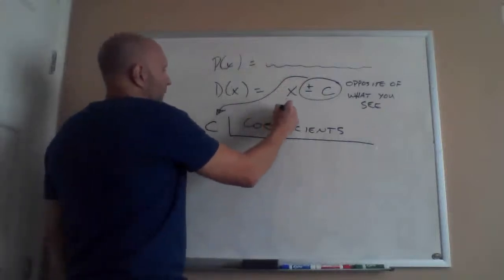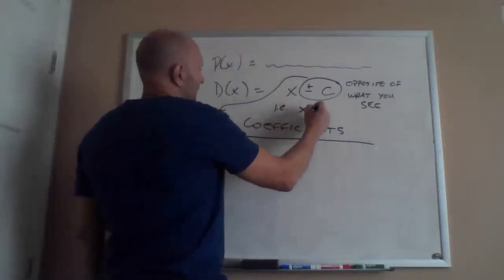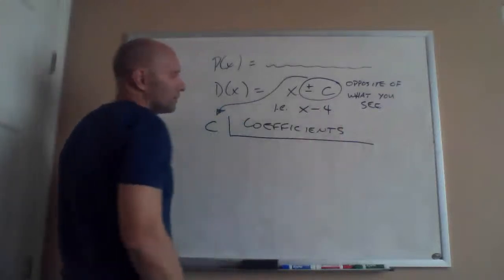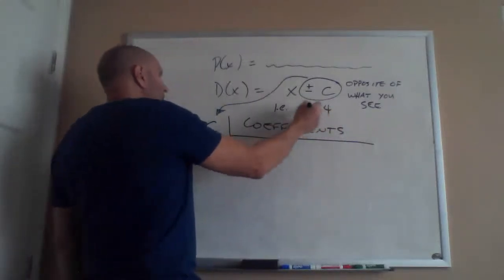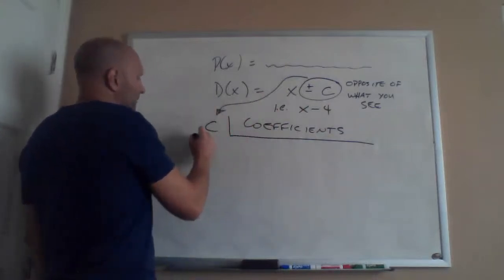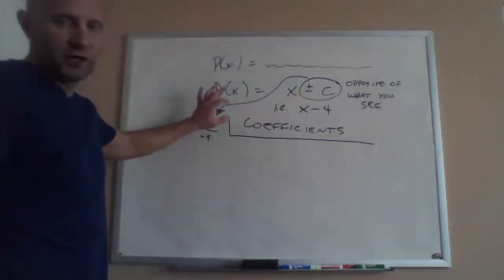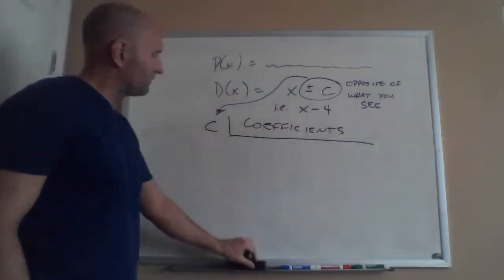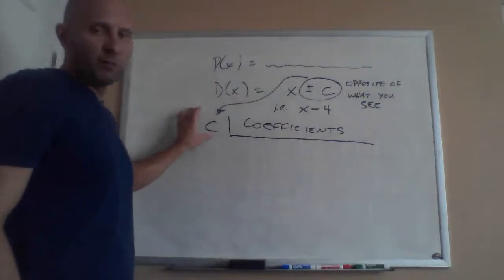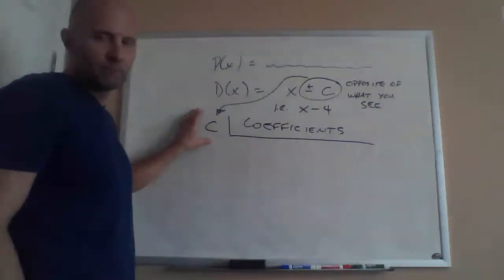For example, if I was dividing by x minus 4, I see a negative 4, so I would put a positive 4 in front here. Whatever number I'm dividing by, it's the opposite number that goes in front.